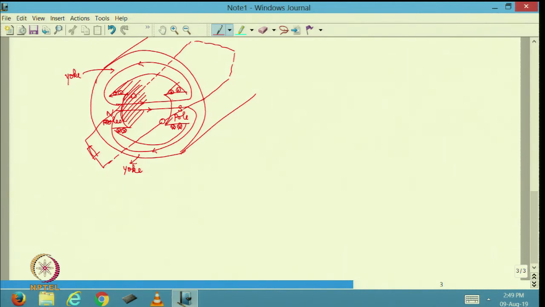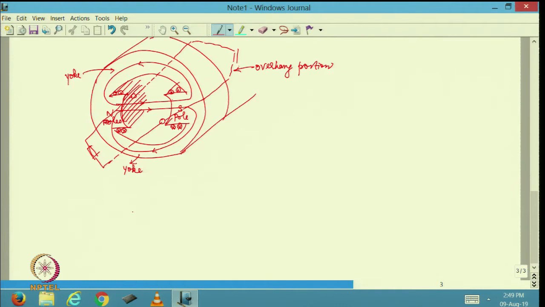Similarly, this is going to go inside, and it will extend only as long as the cylinder is there. After that, this portion of the conductor is folding up and then coming out like this. This portion is known as the overhang portion. The overhang portion of the conductor is not useful as far as electricity generation or torque production is concerned, because it is beyond the purview of the magnetic field.